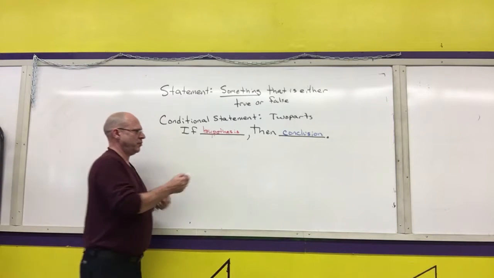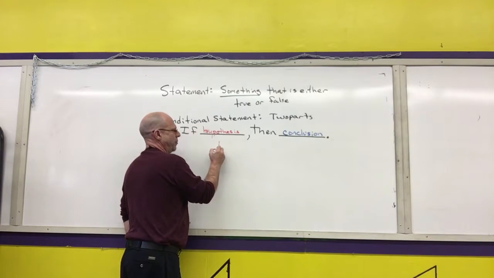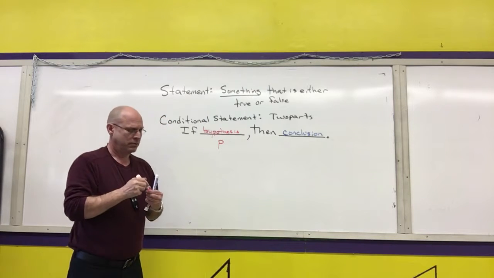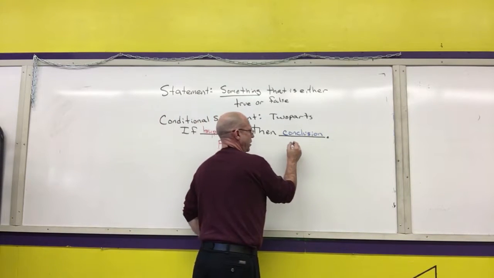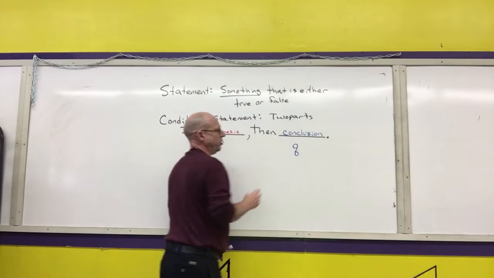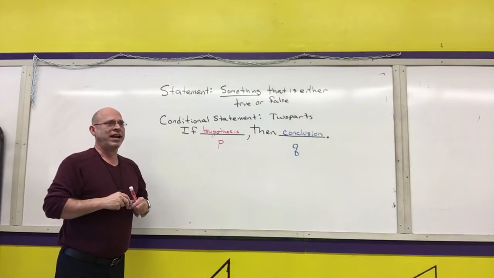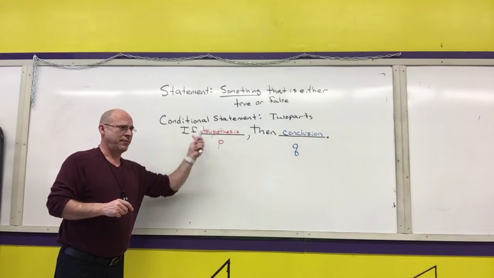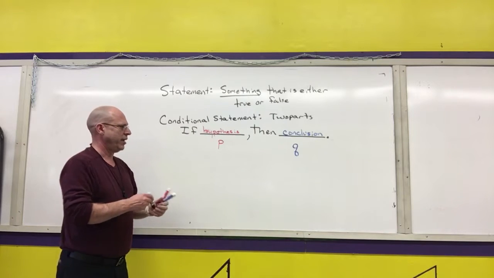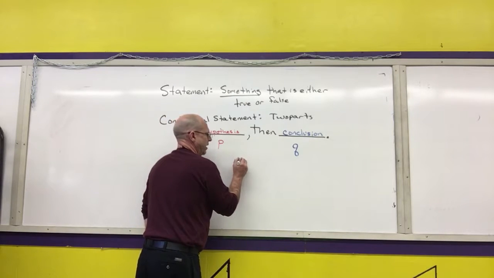So a lot of times in books, you will see that they will call the hypothesis the letter P, and they will call the conclusion letter Q. And if I wanted to write this if-then statement, if hypothesis, then conclusion, in shorthand, I would write it like this.